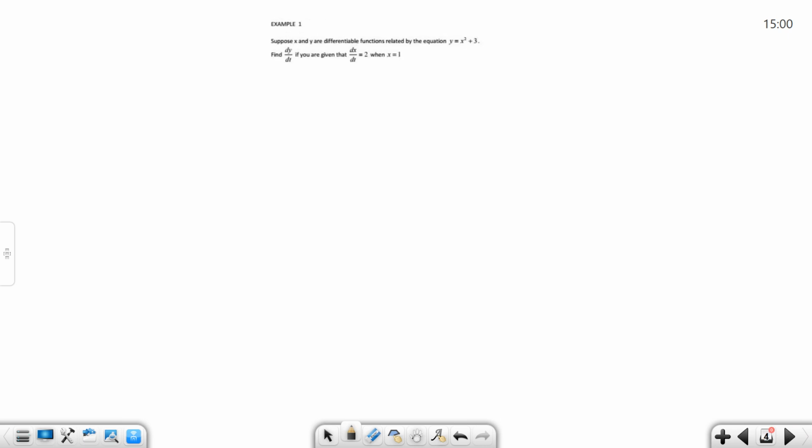Now, we're playing off of the implicit differentiation that we did earlier. So our first problem just gives you a basic function, y equals x squared plus 3. The difference is, in this particular section, I am taking the derivative with respect to t.